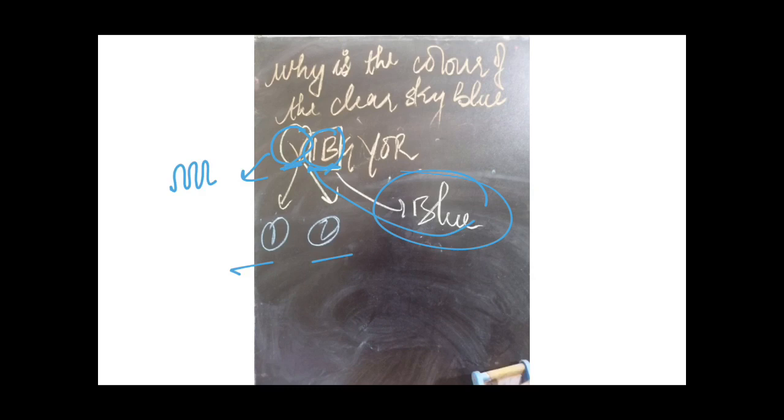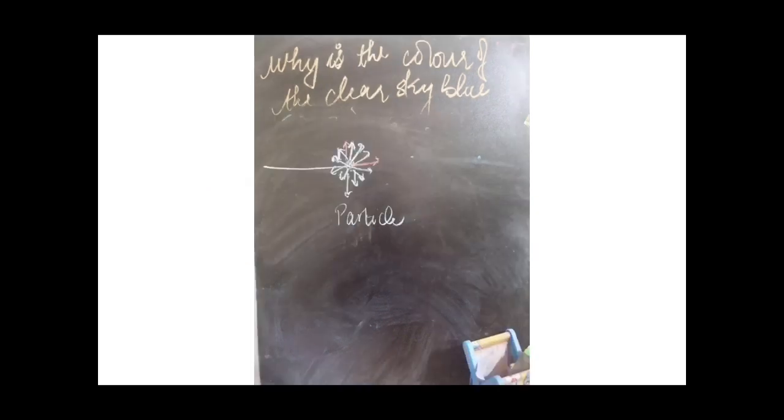So this is why our sky is blue in color. Understood? Now, as I have told you, when a straight white light goes and scatters through the particle, it will scatter in different directions, and the blue color will scatter the most. So this was the reason why blue color scatters the most. The others will also scatter, but very little.